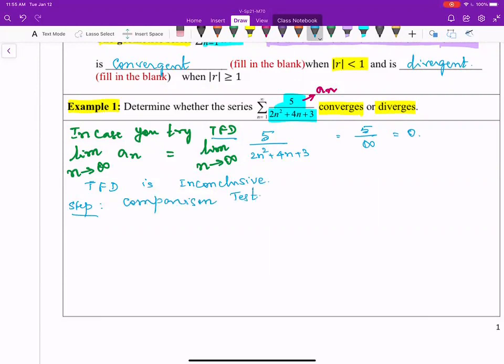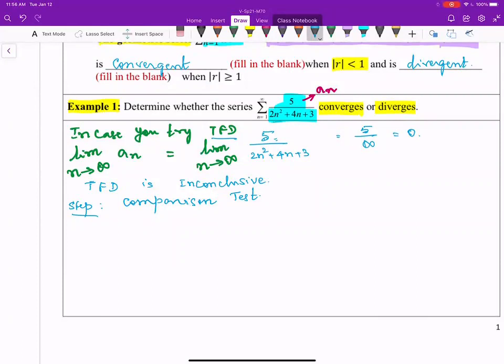So for comparison, you have to compare it to a well-known series. For now, it's only a geometric or P series. So whenever you compare, look at the numerator and the denominator. The numerator is 5 and the denominator is 2n squared plus 4n plus 3.